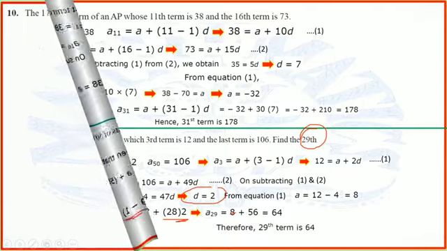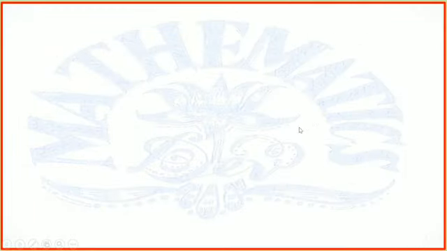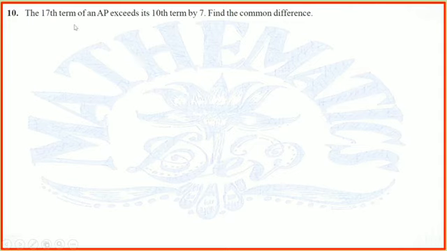That is the end of question number 8. Now our next question is question number 10. The 17th term of an AP exceeds its 10th term by 7. Then find the common difference. The condition of the question is that the 17th term is 7 more than its 10th term.